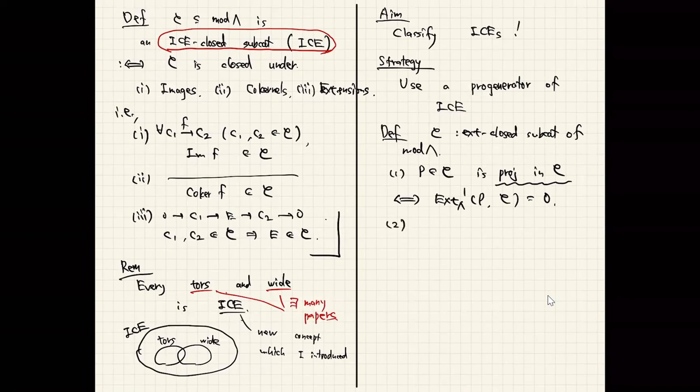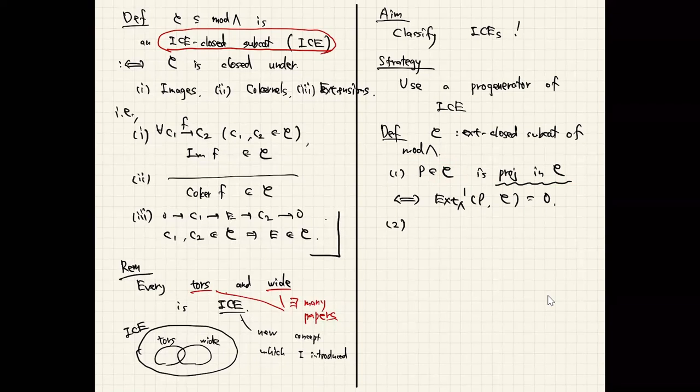So if a usual projective module belongs to C, then it's a projective object in C. But in general, there are more projective objects in C which are not projective modules. So it depends on this subcategory C.